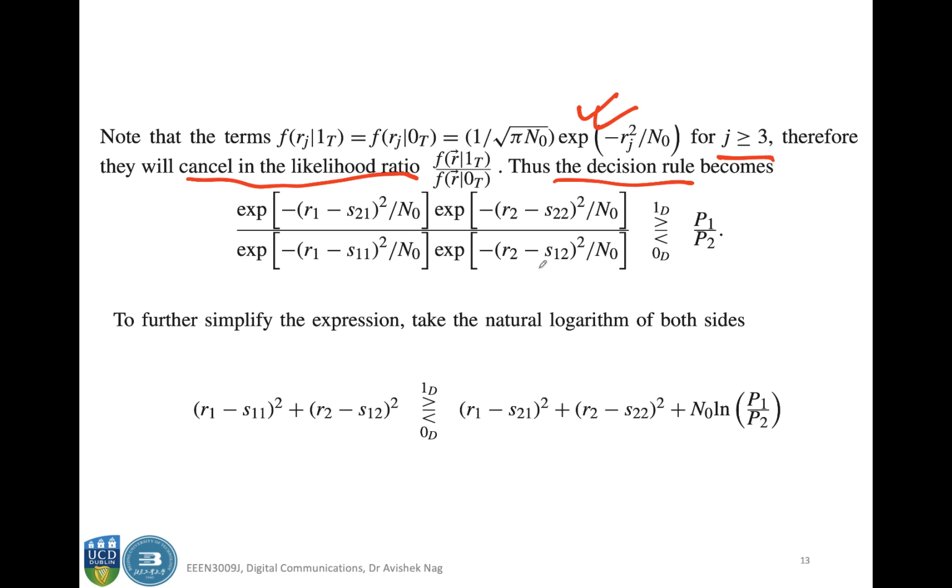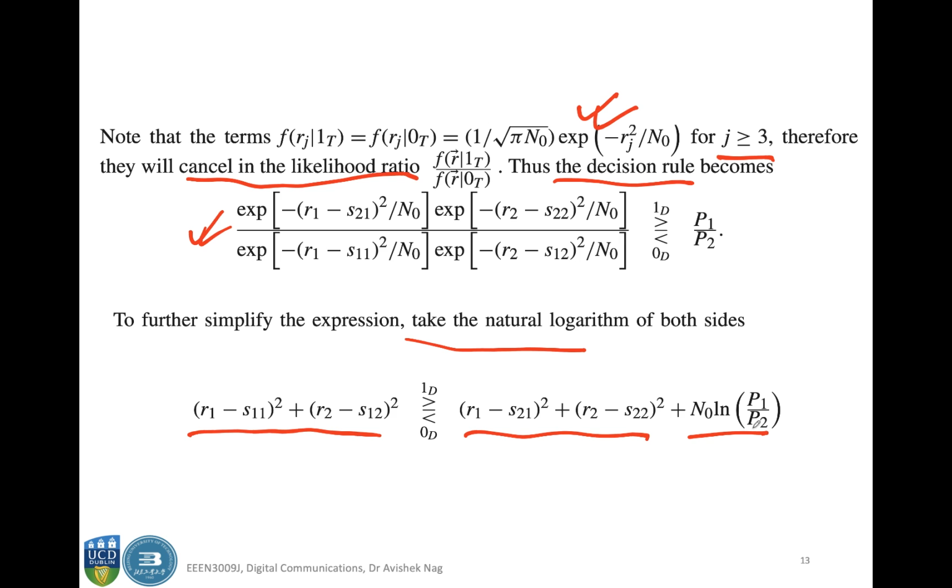So the decision rule can be rewritten as this. Okay. So if this is greater than or equal to P1 by P2, then you decide 1. If that is less, then you decide 0. Now you can further simplify this expression by taking the natural logarithm of both sides, and then you will obtain this polynomial on this side, this polynomial on this side, and then a constant term.